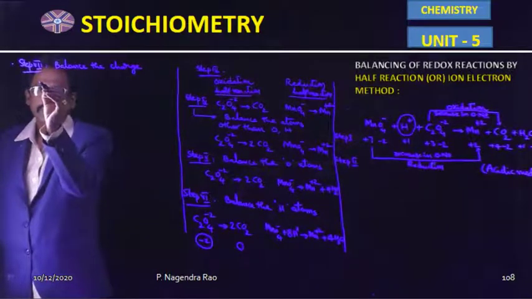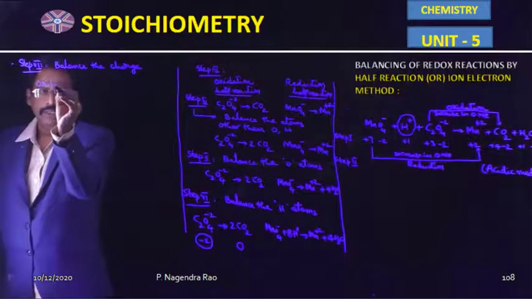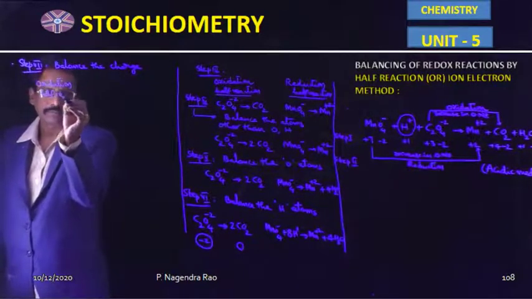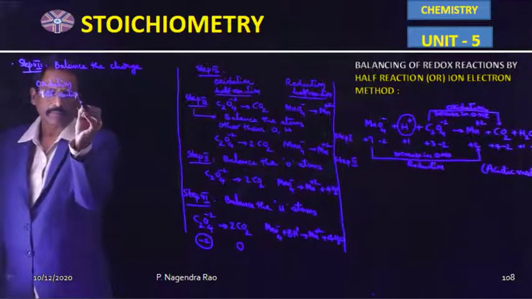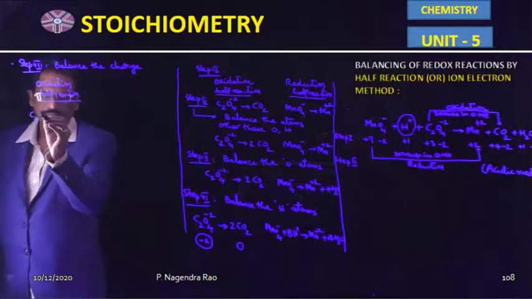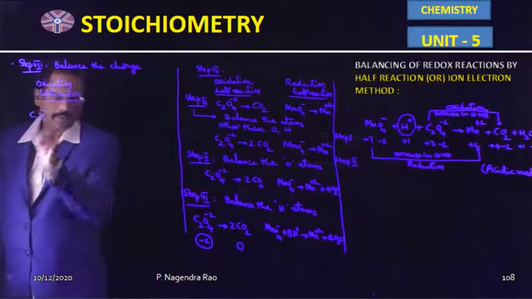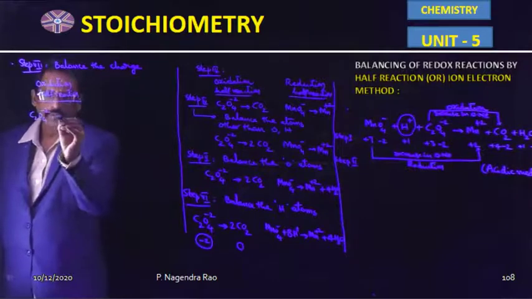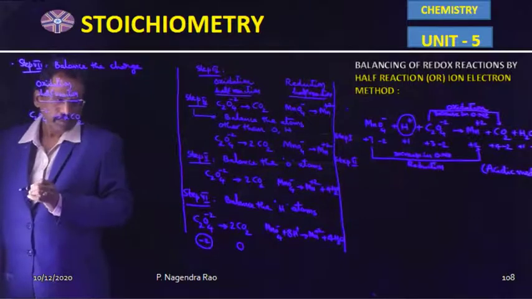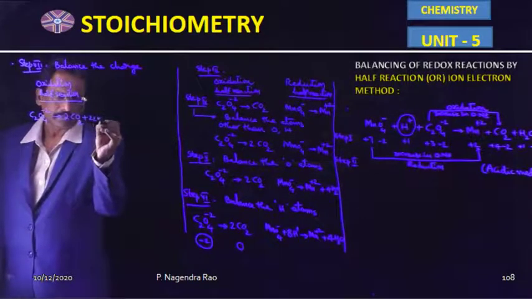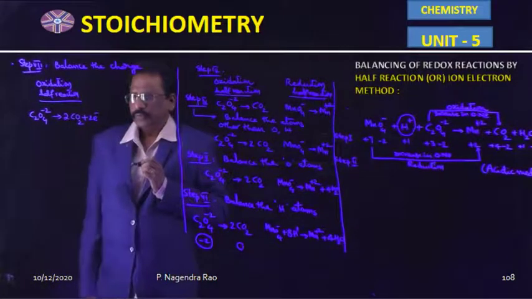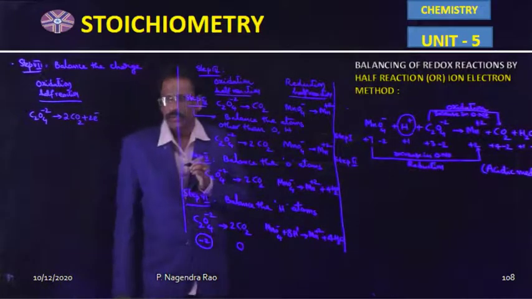So 0 is equal to minus 2 by adding 2 electrons in the product side. So in the oxidation half reaction, C2O4 minus 2 gives rise to 2 CO2 plus 2 electrons.